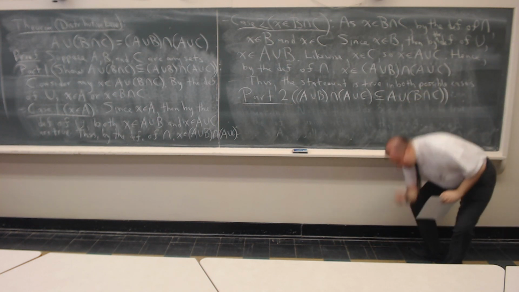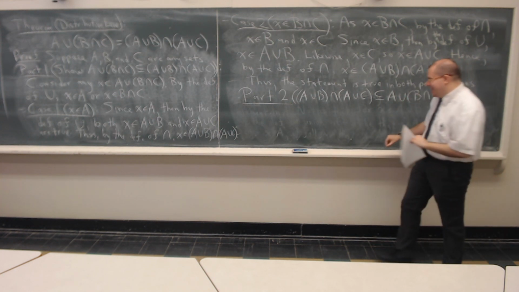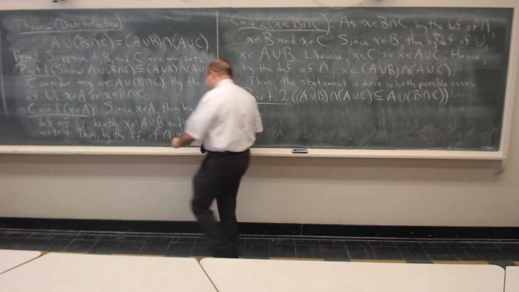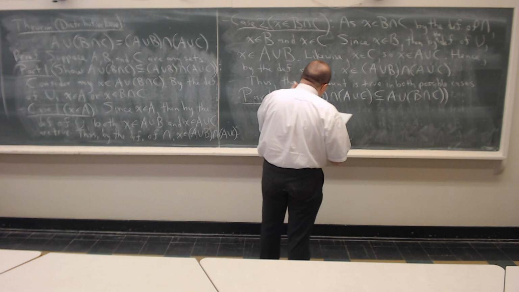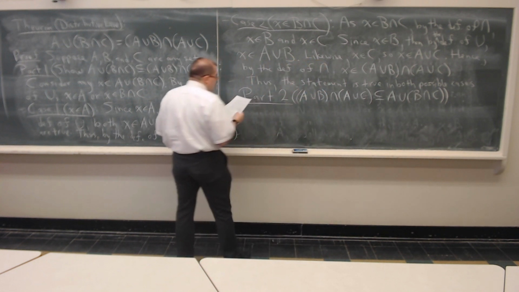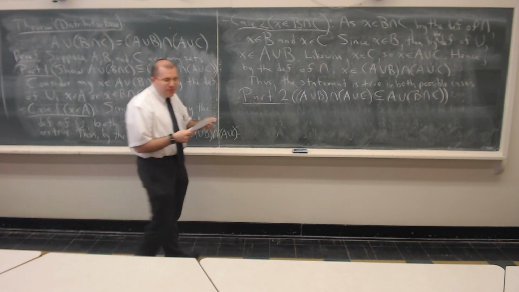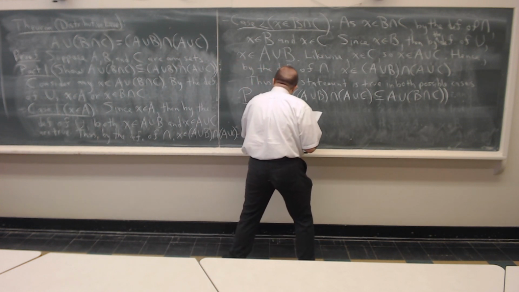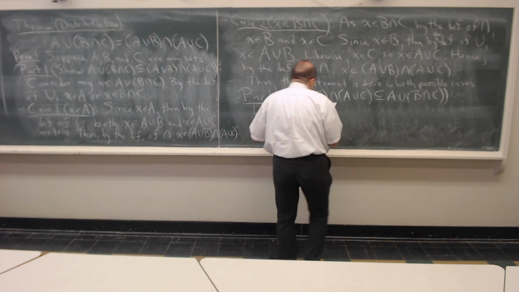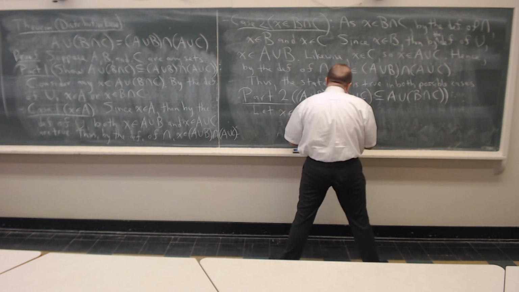Let me pick up that piece of chalk that I dropped. Anyways, you're going to notice that I'm going to do something quite similar, but I'm going to be a little bit more crafty here. Let x be in, remember I need to define what x is.